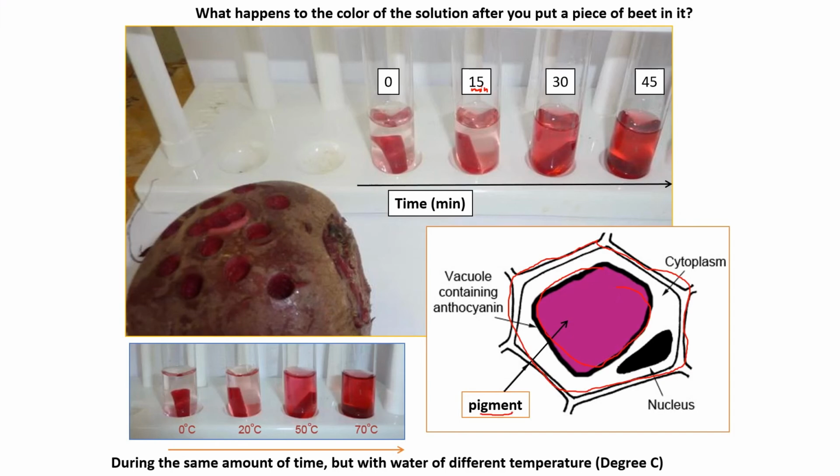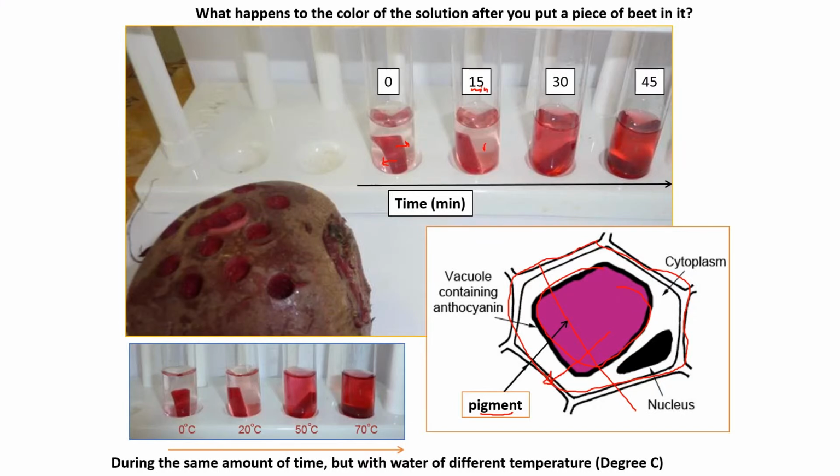When we cut the piece of the bead, we rupture this cell, and the pigment, of course, will leave the cell. First it's clean water when we just put the piece in, but after 15 minutes it becomes pink.